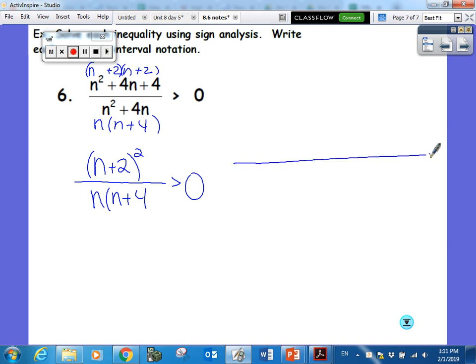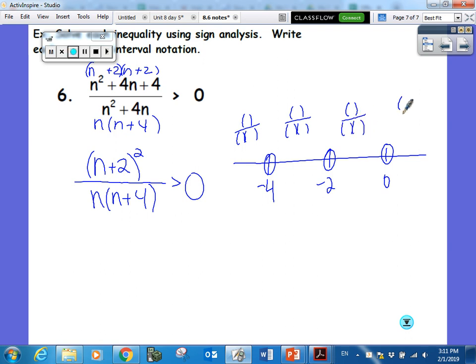Everything's going to be an open dot. -4 is open, -2 is open, and 0. All of them are open. So again, if you like your parenthesis method, I'll do that again. And maybe you don't need to put all those parentheses. I just do because I'm going to fill them in.